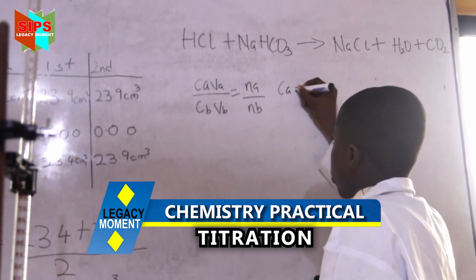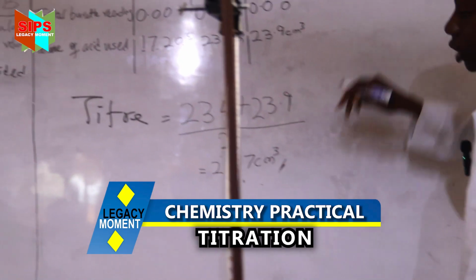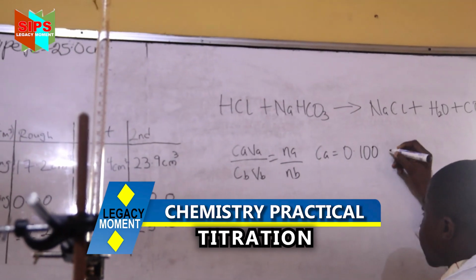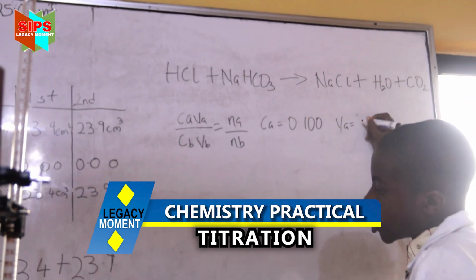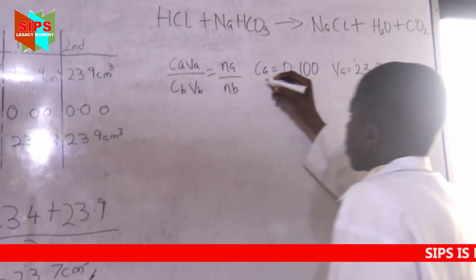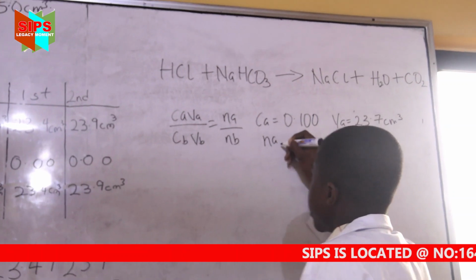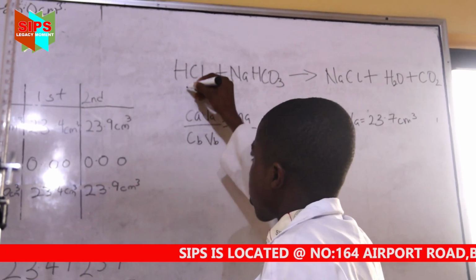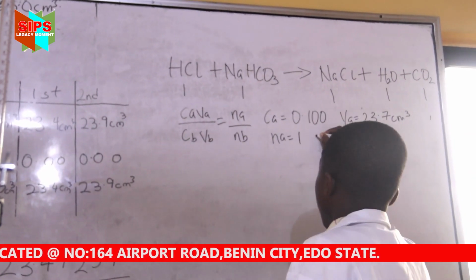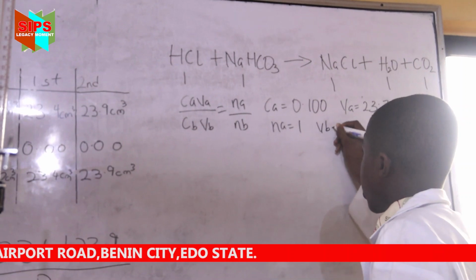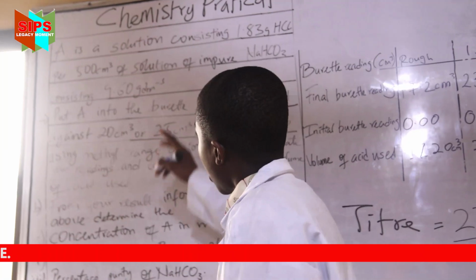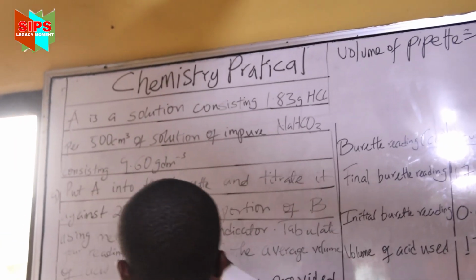We have already gotten our concentration of acid, which is 0.1000. Our volume of acid is 23.7 centimeter cube. Our number of moles of acid used is 1. The volume of the base, according to our question, is 25 centimeter cube.